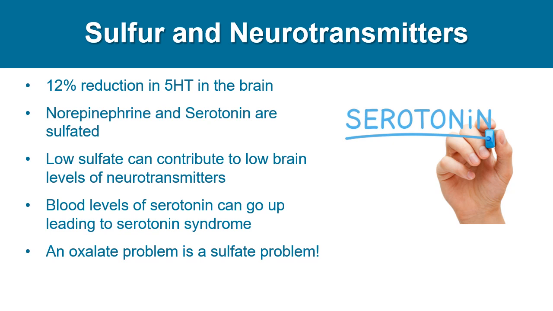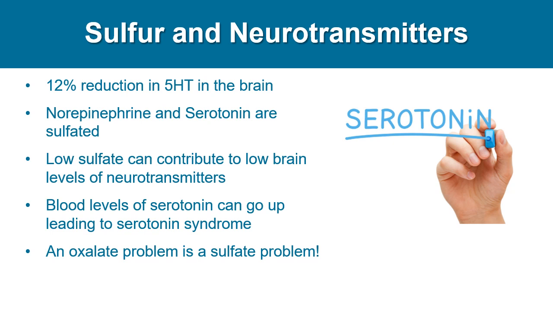But there's other reasons why B6 is depleted. It's very sensitive to certain antibiotics, alcohol, as well as even a lot of SSRIs and medications, and birth control as well. So norepinephrine, another neurotransmitter, and serotonin are also sulfated. And so when sulfate is low, the brain does become deficient in neurotransmitters.